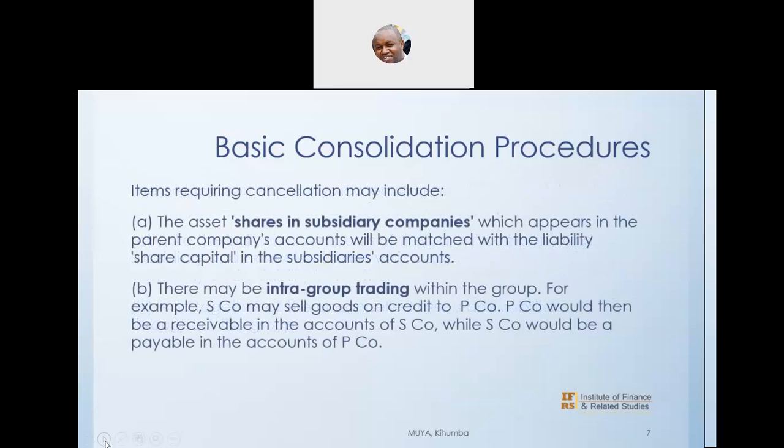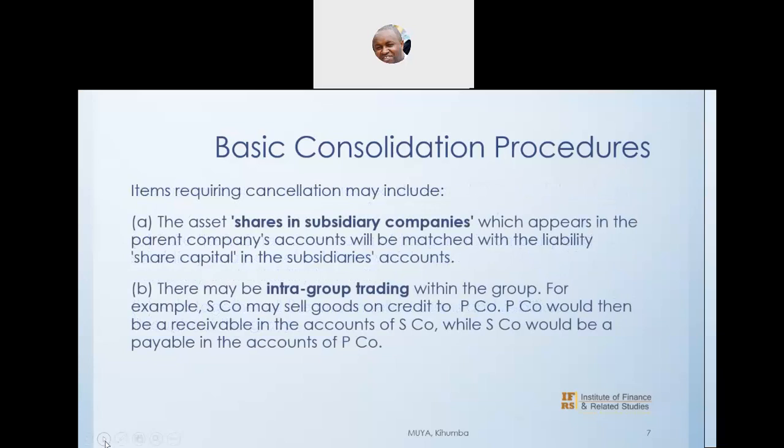Some of the items that will require cancellation, or elimination, will be investment in the subsidiary company. And this is eliminated by the subsidiary share capital. At the end of it all, in the statement of financial position, we only show the equity of the parent.